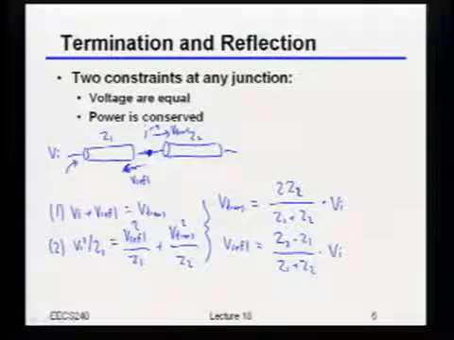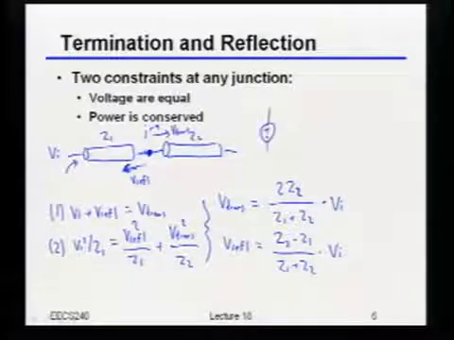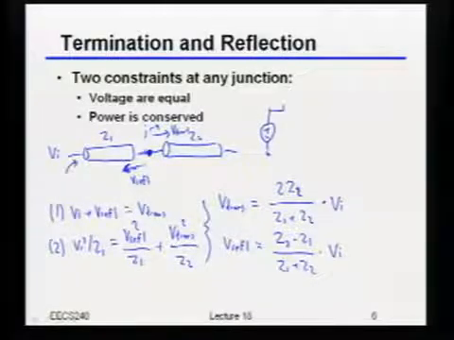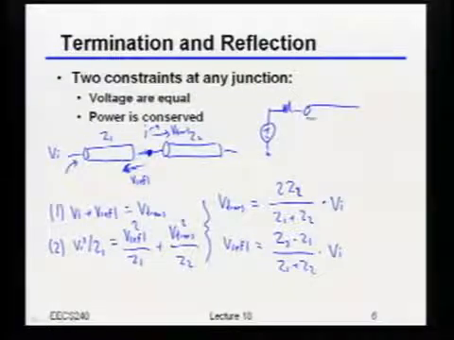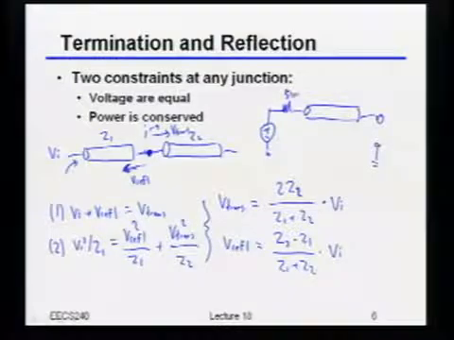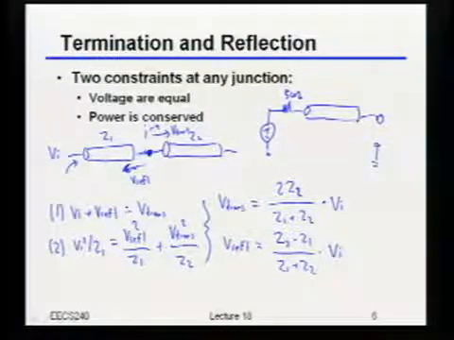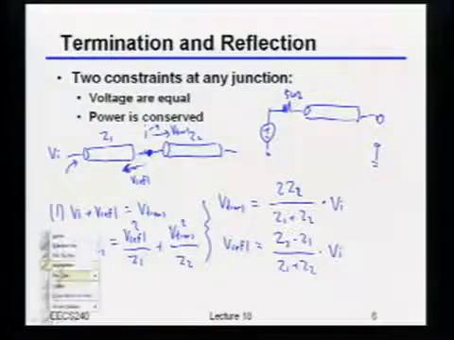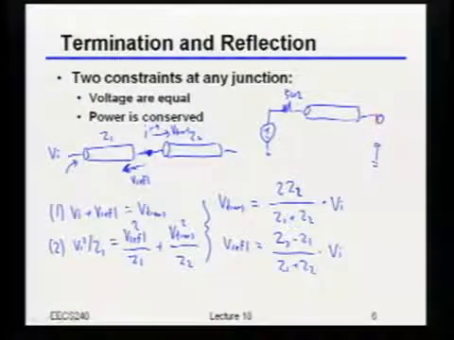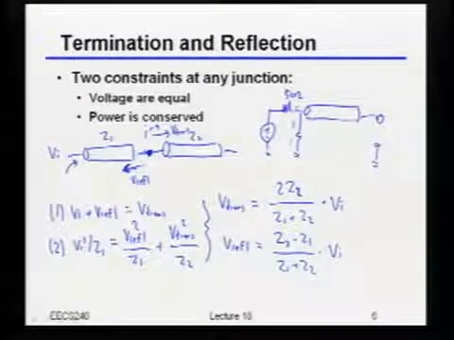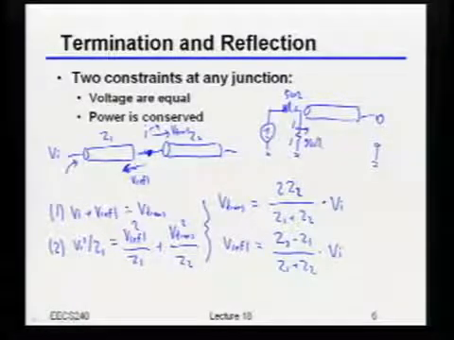Now, just in case this bothers you, don't worry about it, because all this is really saying is that if I had a 50 ohm source driving this transmission line, and then it shows up at an open circuit over here, remember, initially that line just looks like a 50 ohm resistance.